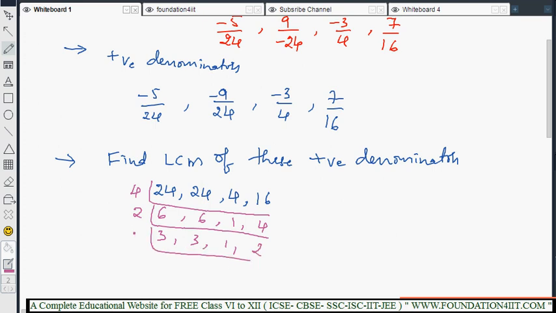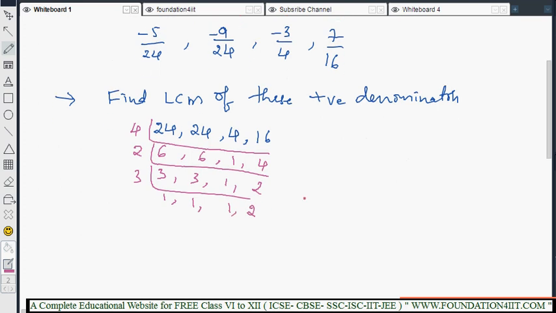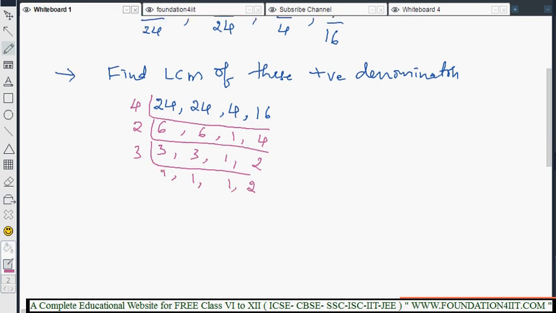Again 3 table gives 1, 1, 2. Then the last step is 2. Now we multiply: 4 into 2 into 3 into 2. 4 twos are 8, 8 threes are 24, 24 twos are 48. So 48 is the LCM.